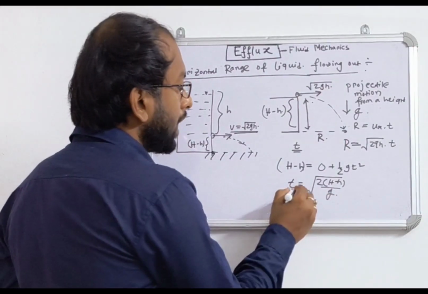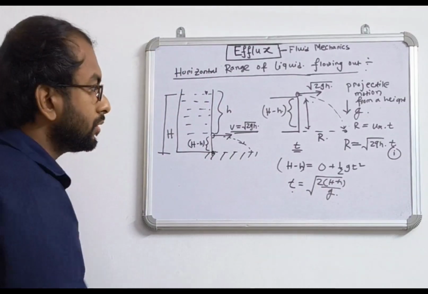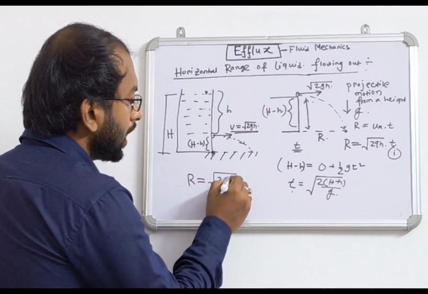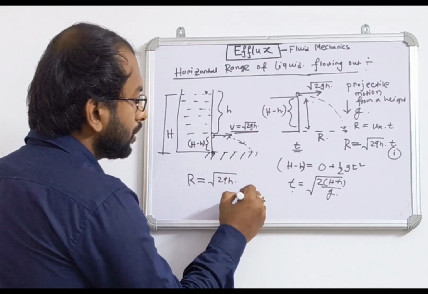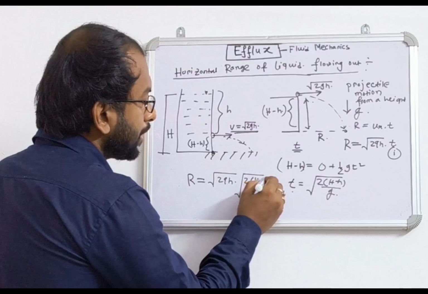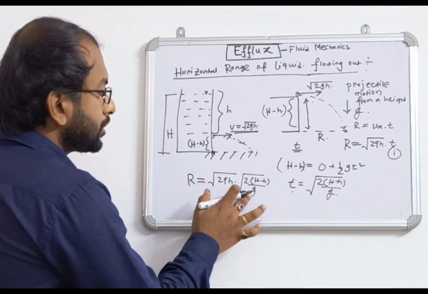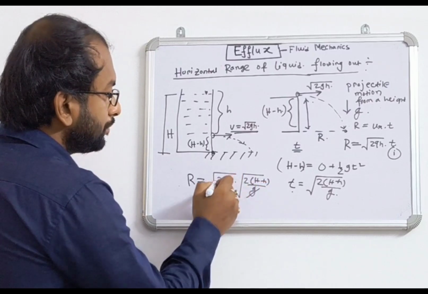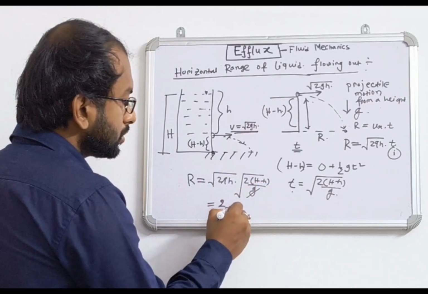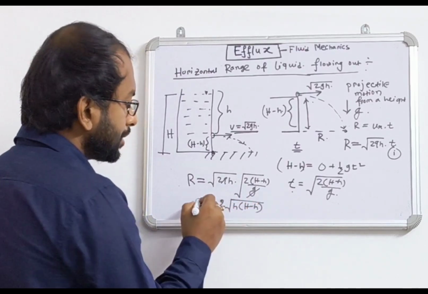Now we will put that time in equation number 1, that is the range equation. If we put that, the range we will get as root over 2gh into the time we already got, that is root over 2(H minus h) by g. So see, this root g will cancel, 2 will come out of the root and it will be root over h into (H minus h).